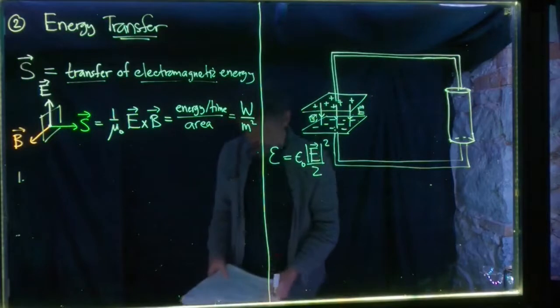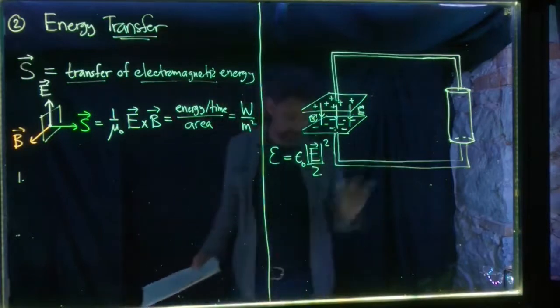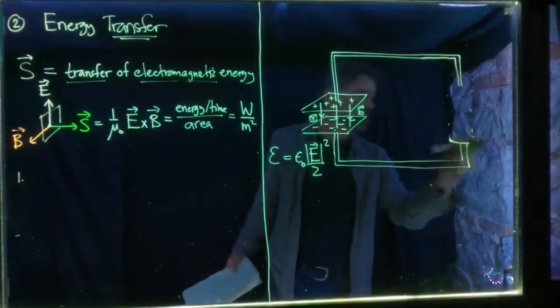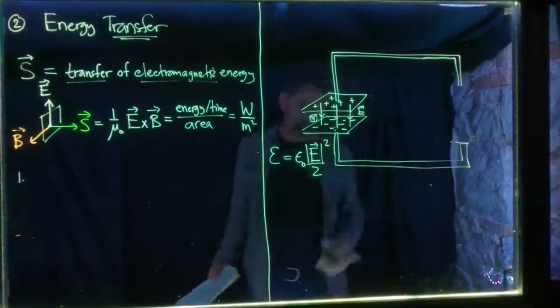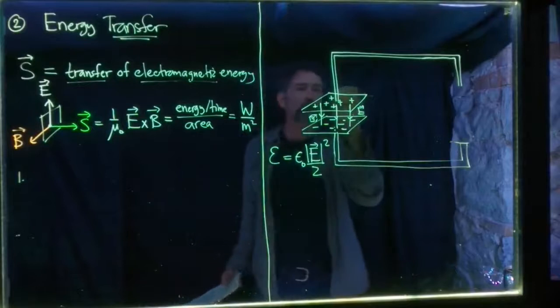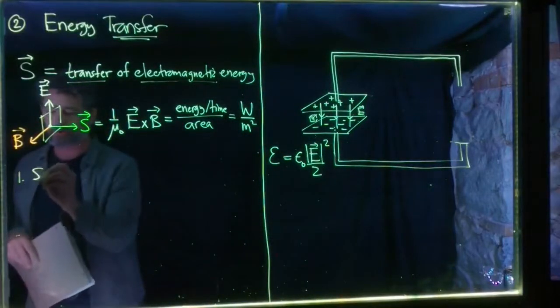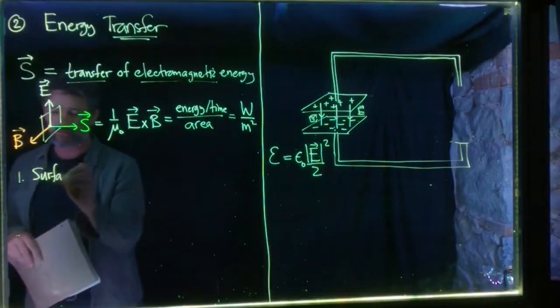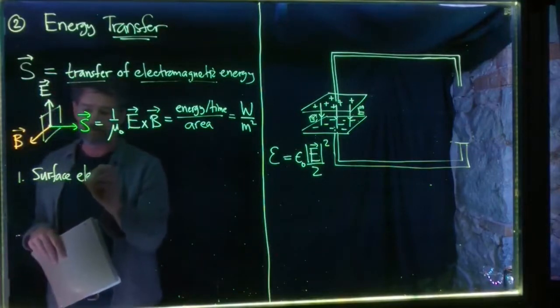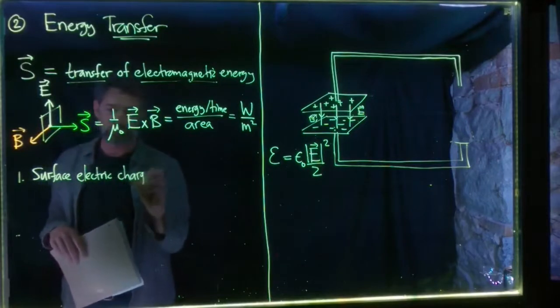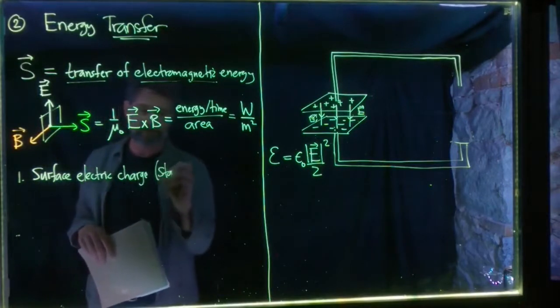So the first thing is, when you set this thing up, there's no current flowing yet, but there is surface charge. I'll write that down first. There's surface electric charge, and it is static.